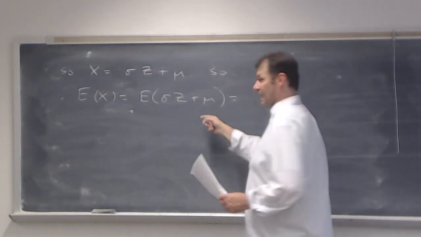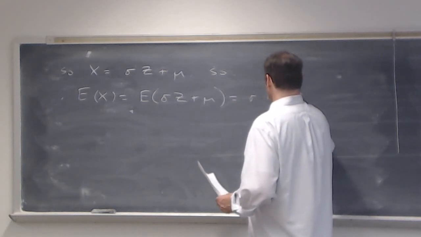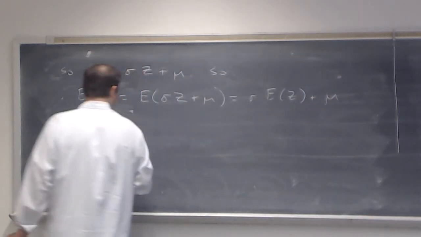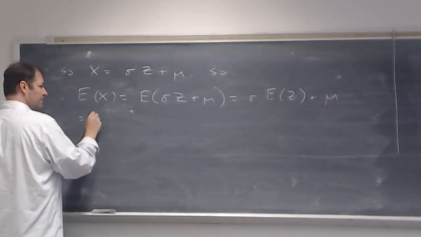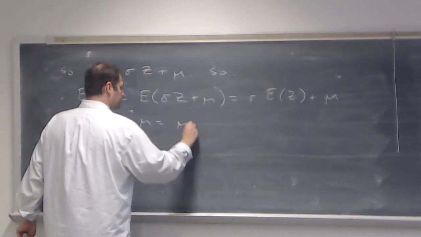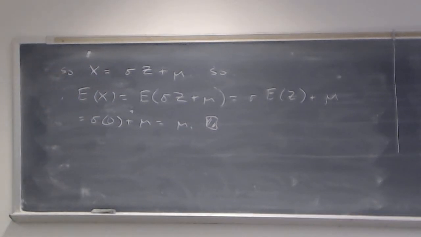And by the previous fact, just before that, this is sigma times the expected value of Z plus mu. But we just found the expected value of Z to be equal to 0, so that's sigma times 0 plus mu, which equals mu. Hence, the statement.